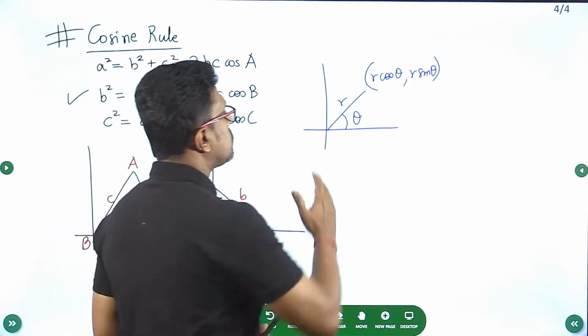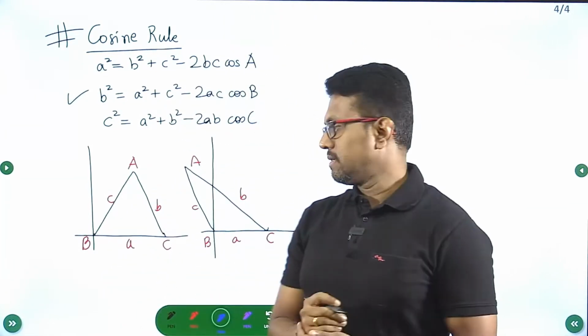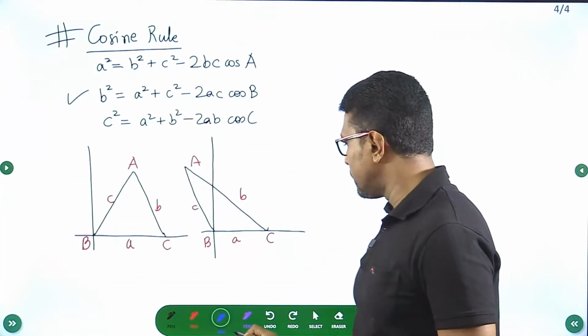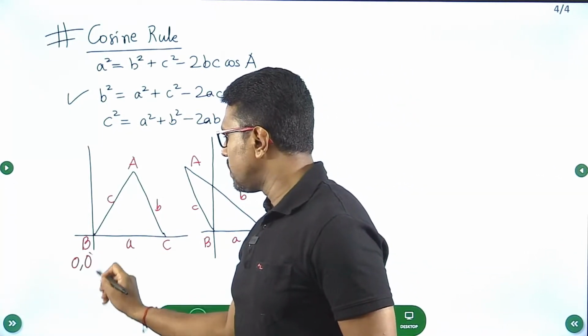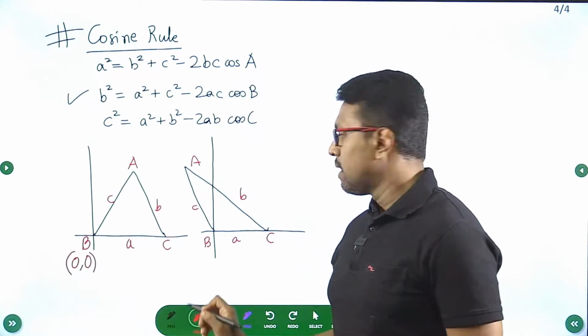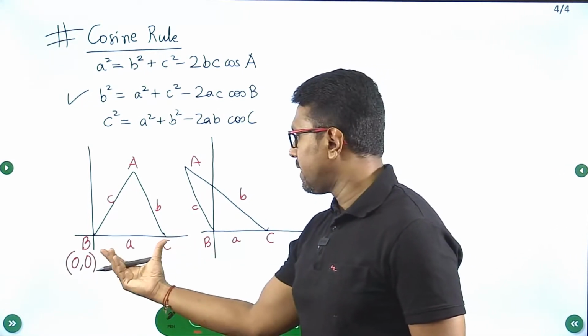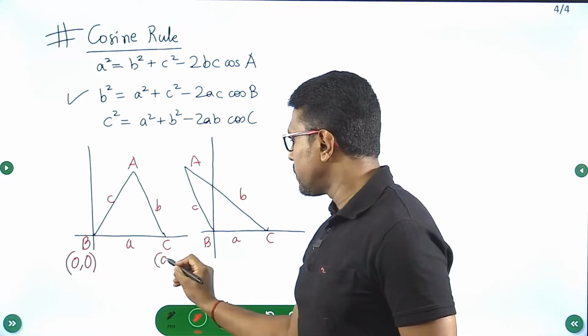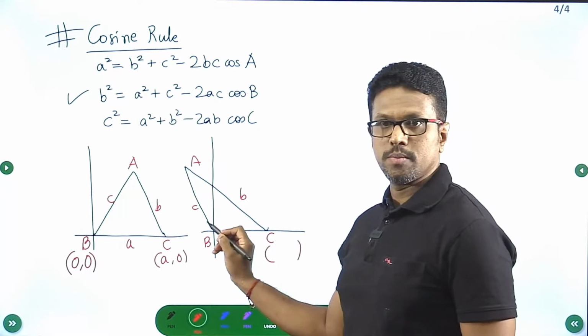So what we are going to do is find the vertices. Of course we know what vertex B is. B is the origin, so its coordinates will be 0, 0. This point C is at a length of a, so this point should be a, 0. Of course here also the origin is 0, 0.